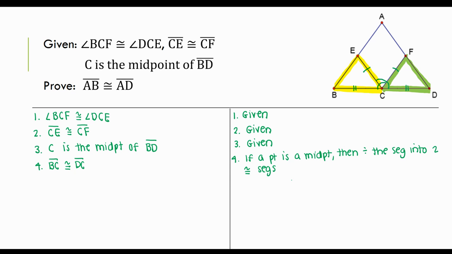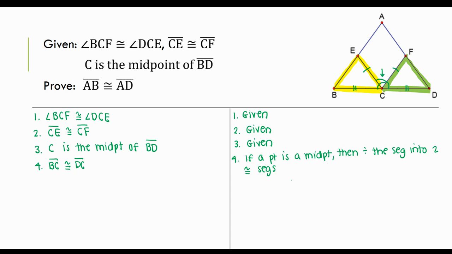The angles that were given to us for the first given are angles that fall outside of the triangles. Part of the angle's inside, but part of it's outside. Notice that both of those angles overlap in the middle right here. That angle ECF is what's helping create those 2 angles that were given.